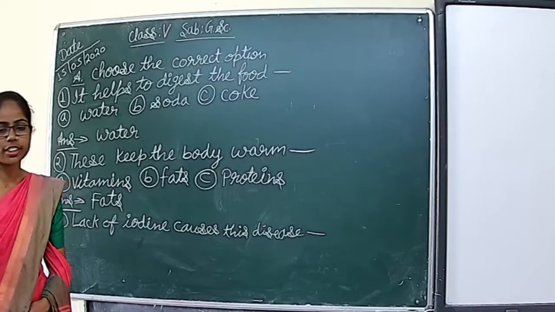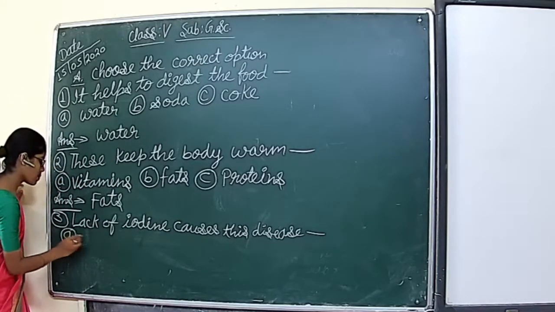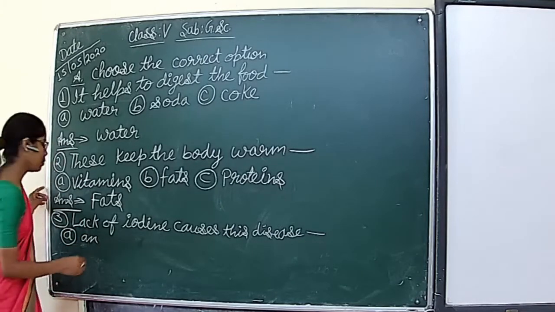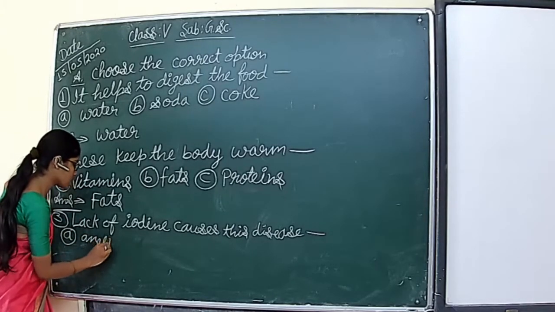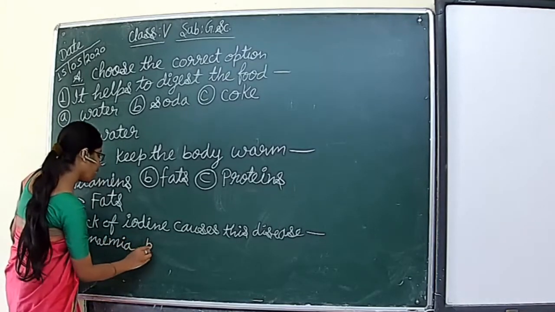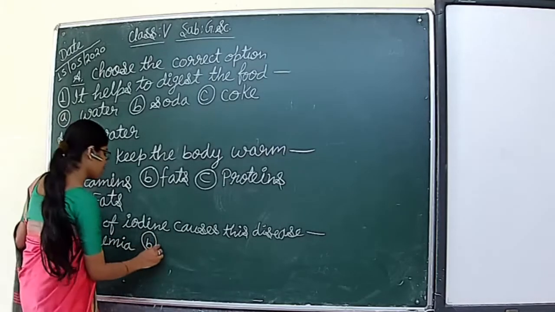It is goiter. The options given here: first option is anemia. Anemia is caused due to deficiency of a mineral called iron. Next is rickets.